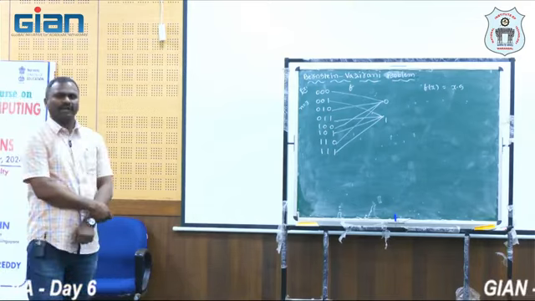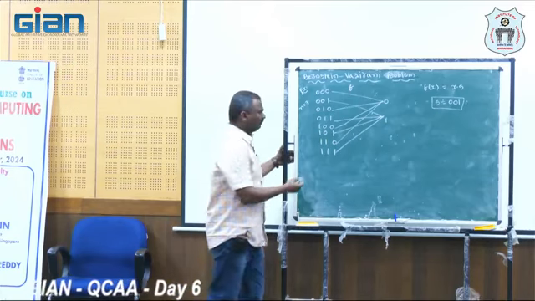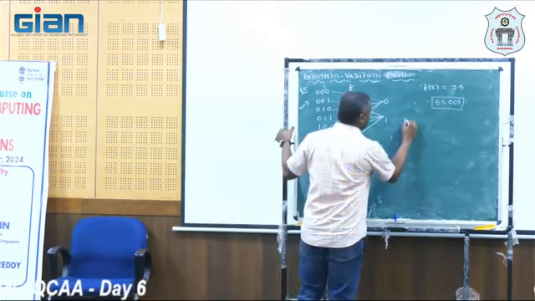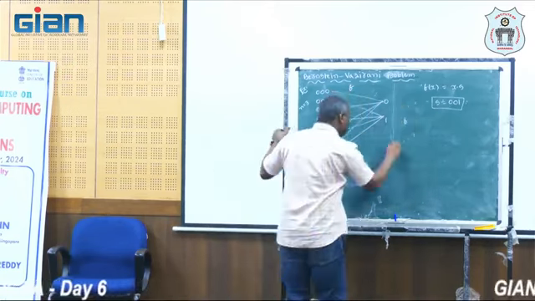So one answer, someone is telling the s is 0 0 1. Is this correct or not? We verify. For that, what do we need to do? We check whether f of 0 0 0, it is x = 0 0 0 dot s, which is 0 0 1. Is this correct or not?